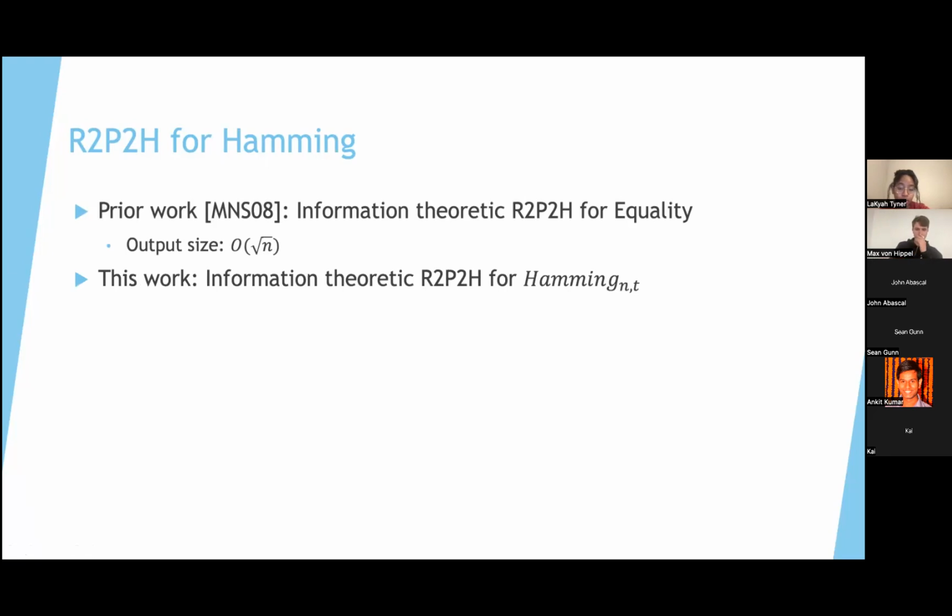In this work, using techniques from this prior work construction, we produced an information theoretic randomized robust property preserving hash for Hamming. We achieve an output size of O of square root lambda n plus f of t, n, where f of t, n is equal to the binary entropy function times n. And of course, this is less than t log n.